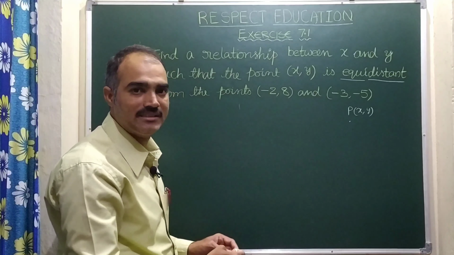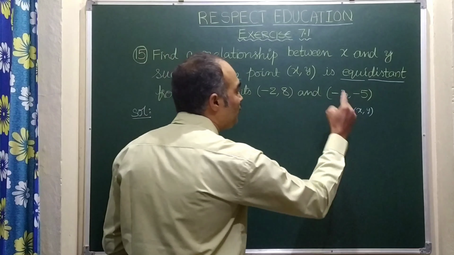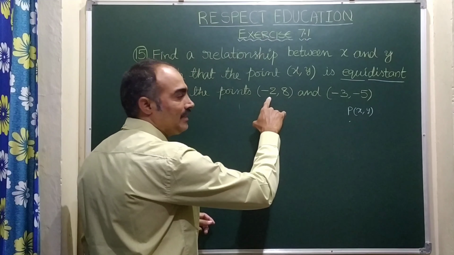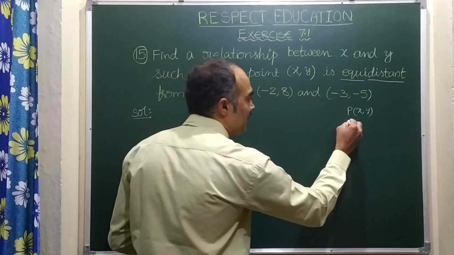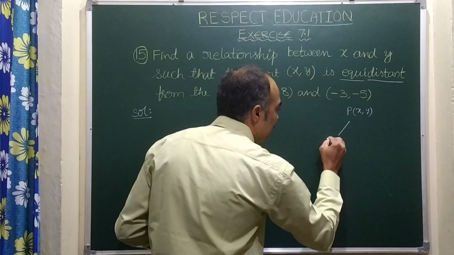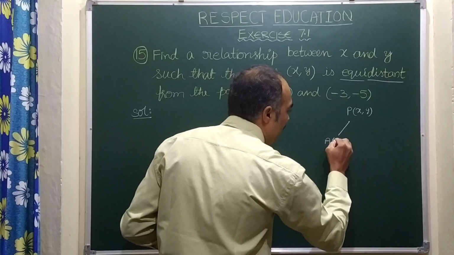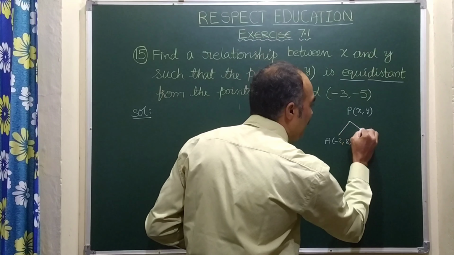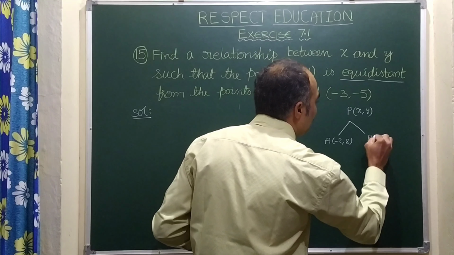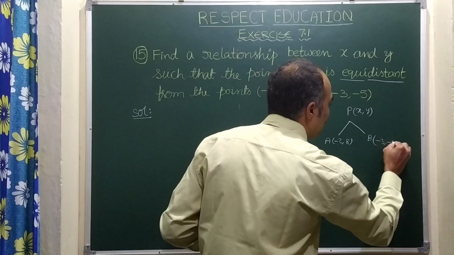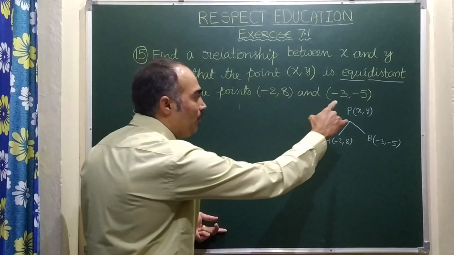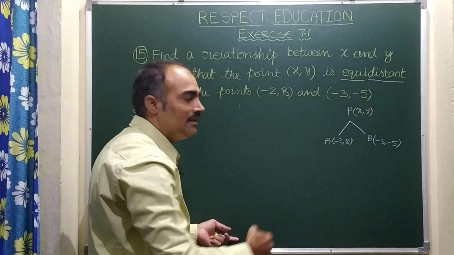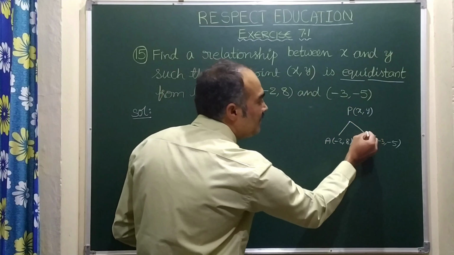So here this point P, let us take this point A as (-2, 8) and this is B (-3, -5). The point P(x, y) is equidistant.